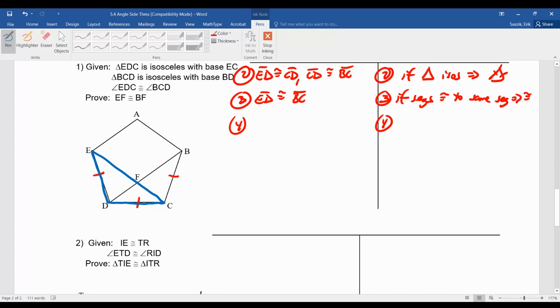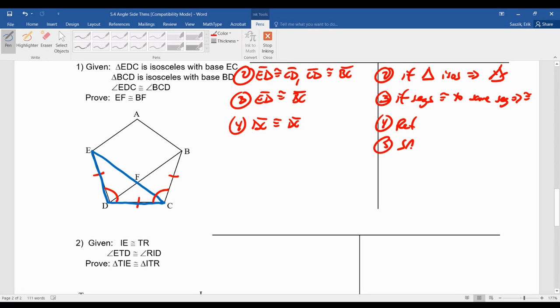Okay. Now remember, I haven't marked this last given yet. I need to do that. I forgot about that. ADC. And so now we can say reflexive, DC congruent to DC.